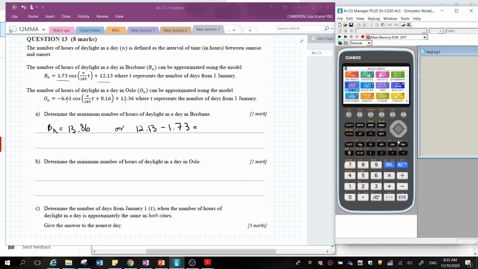So we're going to go back, we're going to graph it, and you can see as well how hard it is for me to get the view window to do the right thing. Sometimes it just takes a bit of coaxing. So you just have to experiment with it a little bit, which is why it's good to know your calculator.